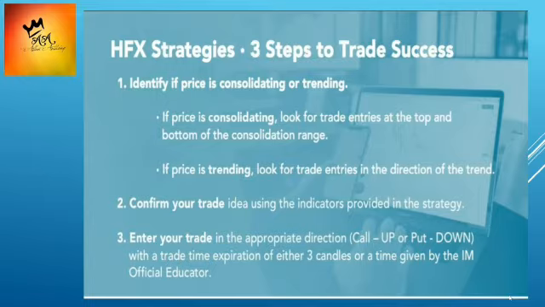Step 2 is to confirm your trade ideas using the indicators provided in the strategy. And step 3, you want to enter your trade in the appropriate direction: a call option if you're predicting the price would go up, or a put option if you're predicting the price would go down, with a trade expiration of either 3 candles or a time given by the IM official educator.